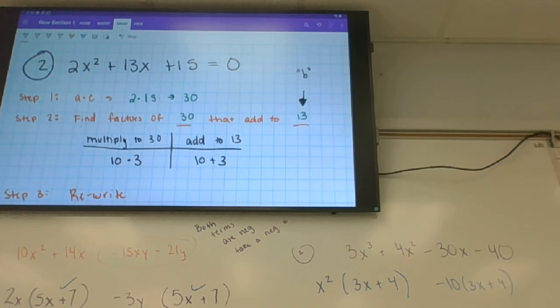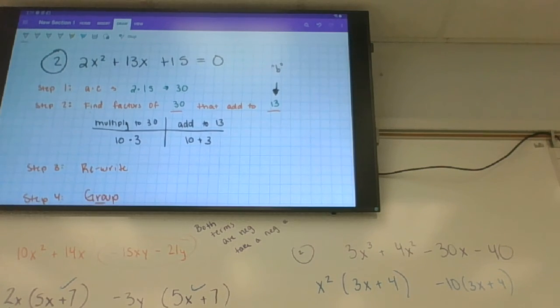What are we going to do with the numbers? I'm going to put them back into the problem. So it's 2x squared. I'm not writing 13.